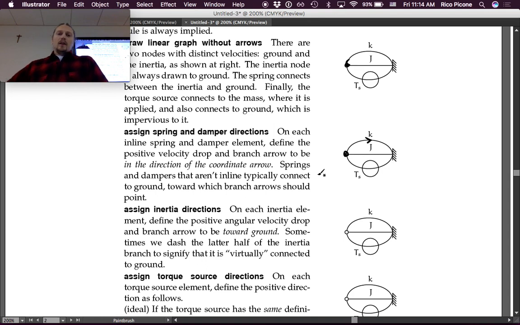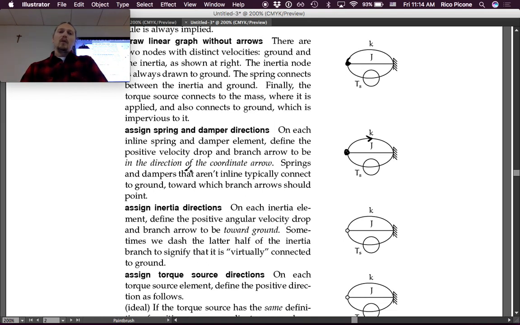So when we have those springs and dampers that are not inline, they're almost always connected to ground. We always orient those branches toward ground. There are some really weird edge cases that you almost have to construct.